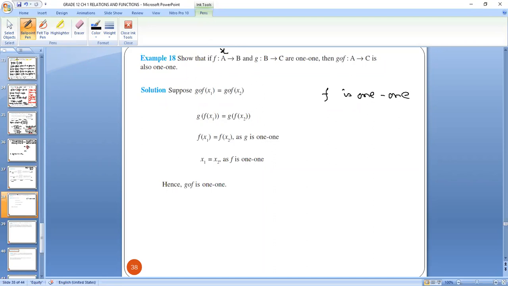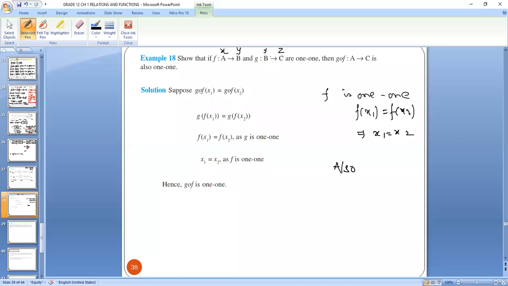A having element X, B having element Y, and C having any element Z. F is 1-1. This will imply that F of X1 is equal to F of X2 implies X1 is equal to X2.